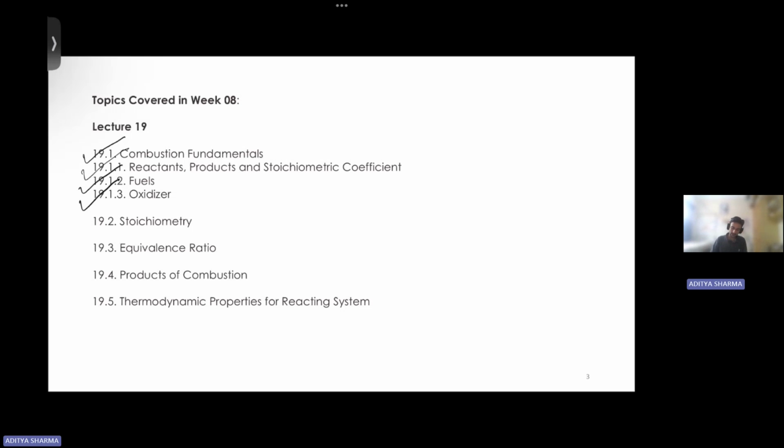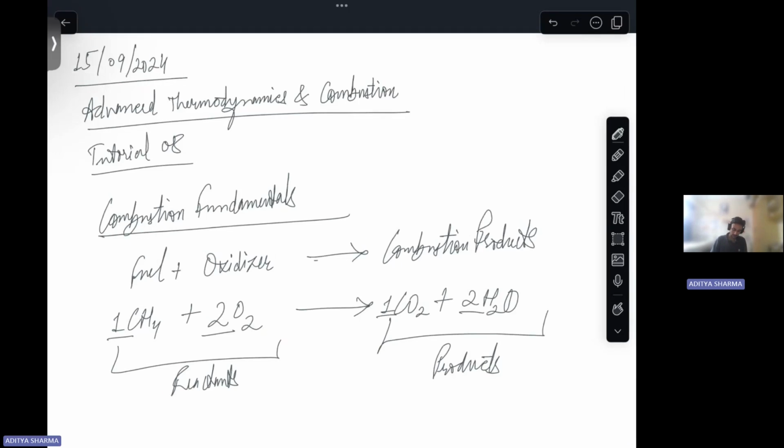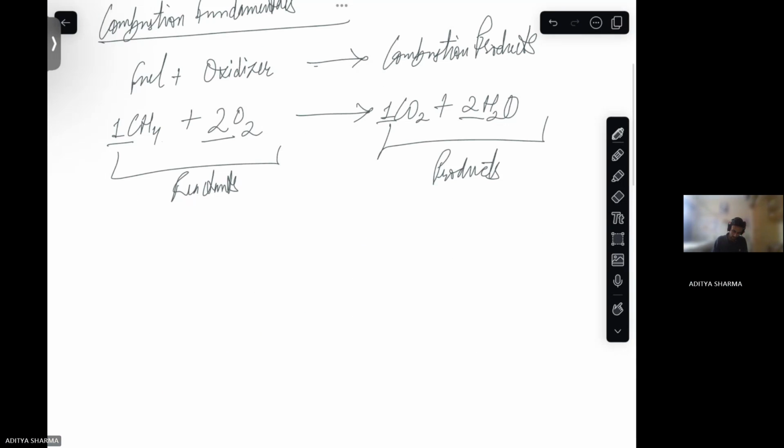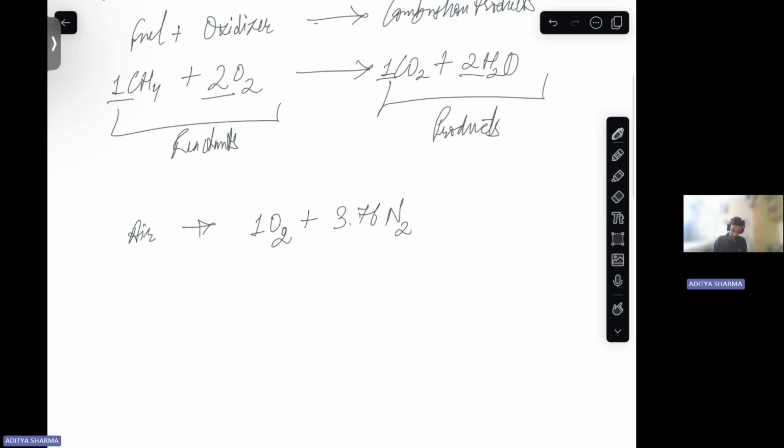For combustion analysis purposes, we write air in terms of moles: 1 mole of oxygen and 3.76 moles of nitrogen. This is how we write our air. If I have to combust methane in the presence of air, it will be like this.